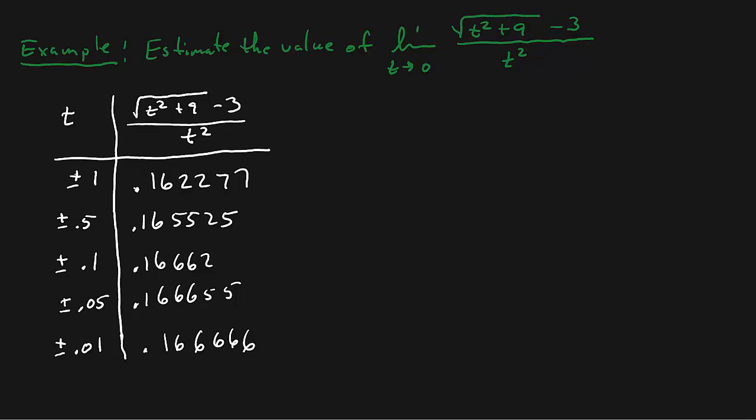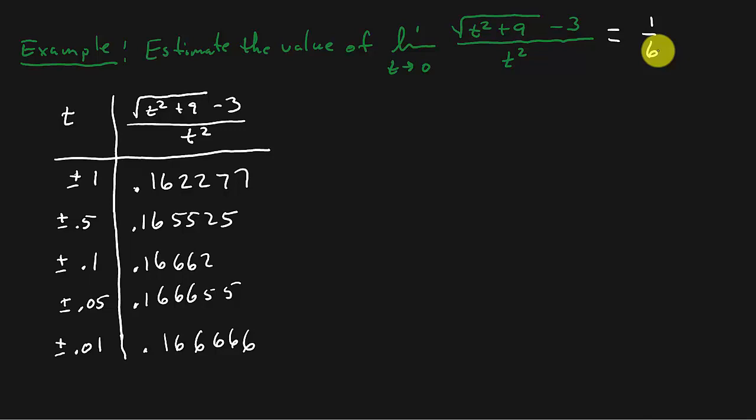Okay. Now, from this limit here, we can see that as I'm coming into 0 from the right and the left, it looks like this thing is approaching 1/6. Okay. Now, is that the answer?